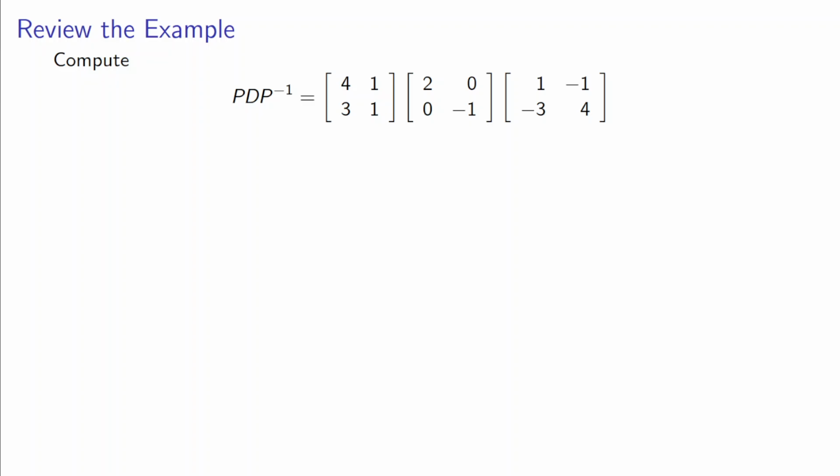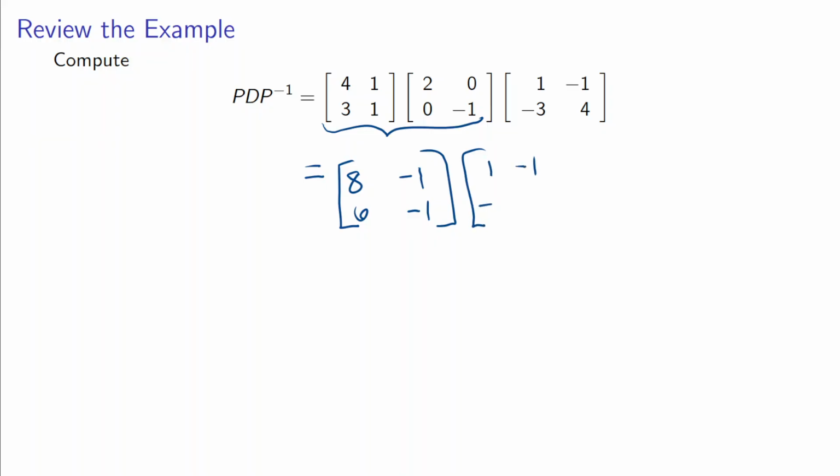We can show that P D P inverse is going to be something special. Let's go through the computation of this. First, let's multiply P times D. So we would get 8, 0, then -1, then 6, and then -1. And let's multiply that by P inverse.